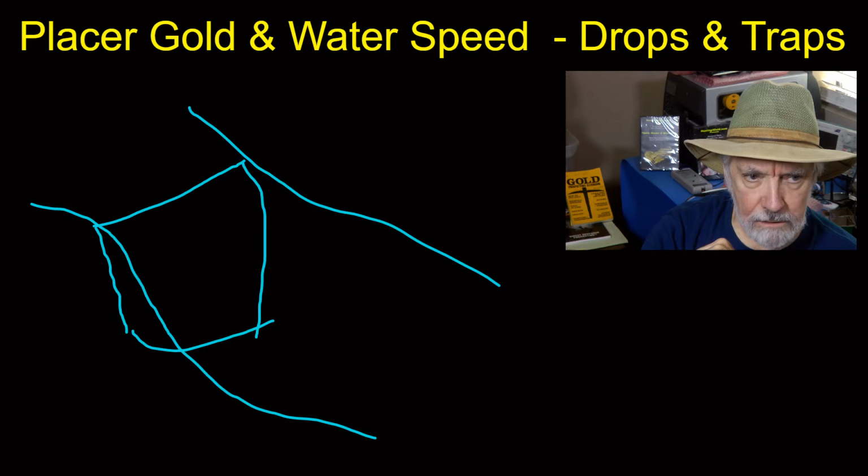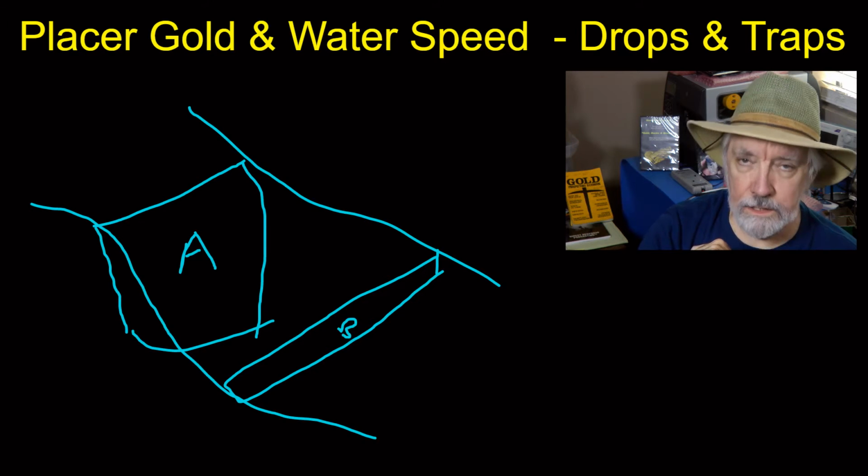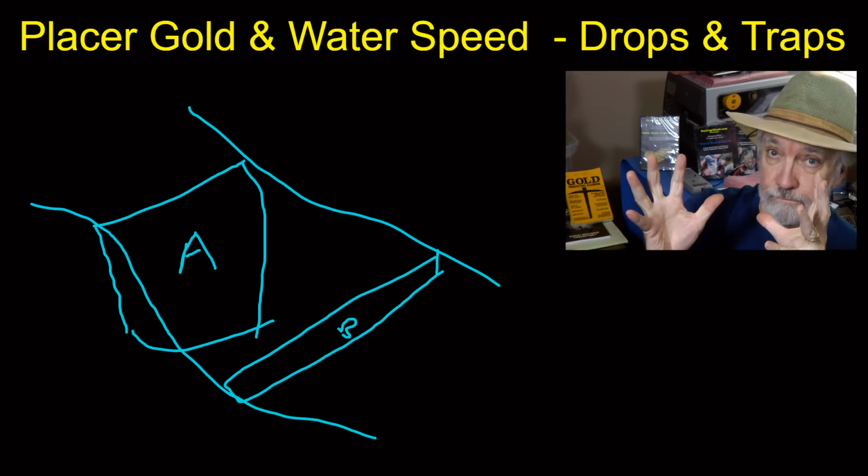Let's say it got real shallow here. Comparatively. In other words, there's a big old hole down in here. What's going to happen is this area is larger, here's the weird part, than this area. We'll call this B.